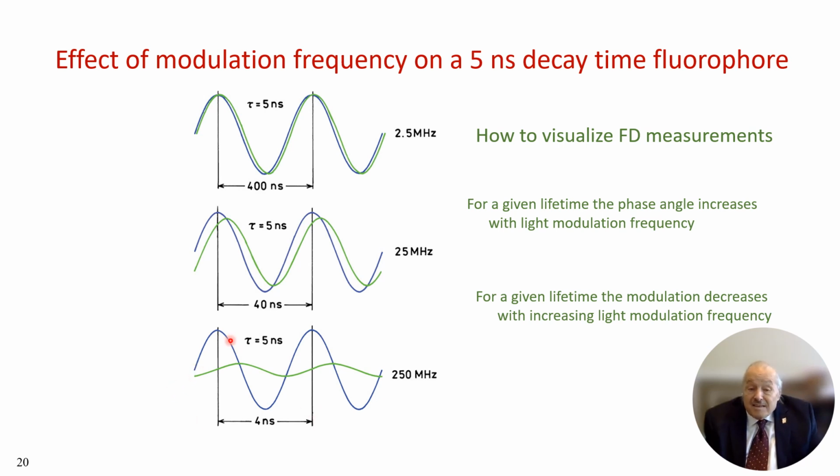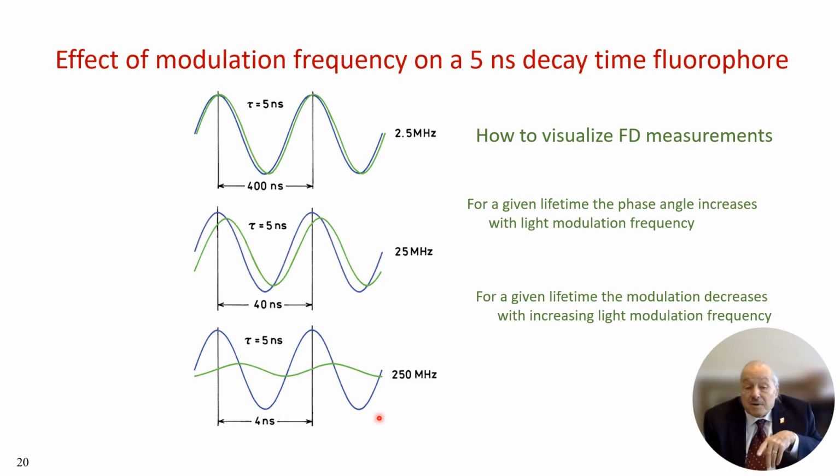So clearly the intensity decay is continuing into the next cycle. And this is the origin of the phase shift, because a lot of the emission is delayed relative to the incident light. And it's the cause of the decreased modulation.